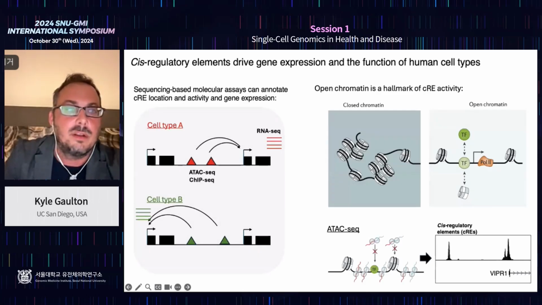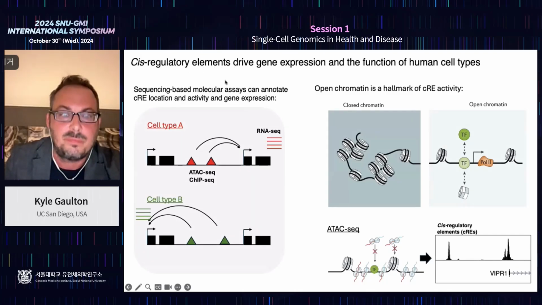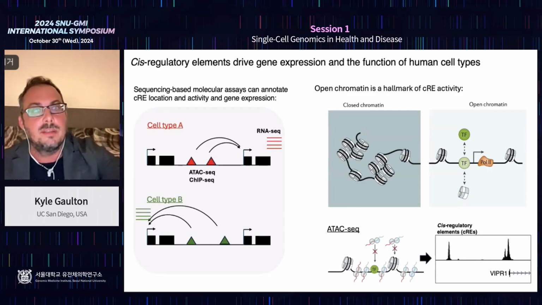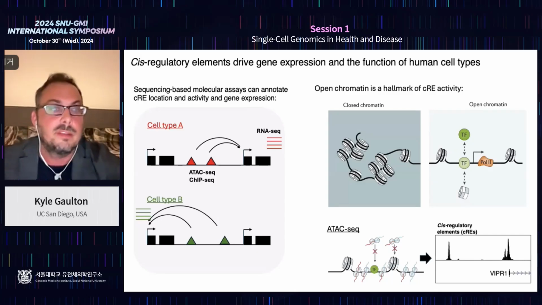So in particular, our group is very interested in what drives gene regulation, and this is largely through what are called cis-regulatory elements. These are short sequences that are located throughout the human genome and are responsible for regulating the activity of genes and dictating the identity and function of human cell types.